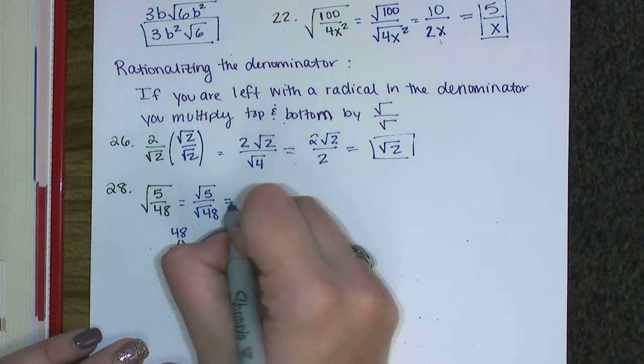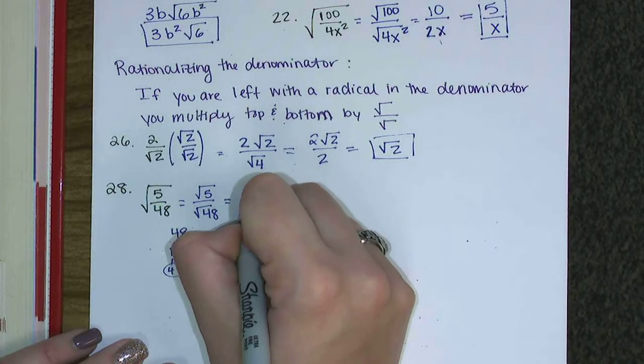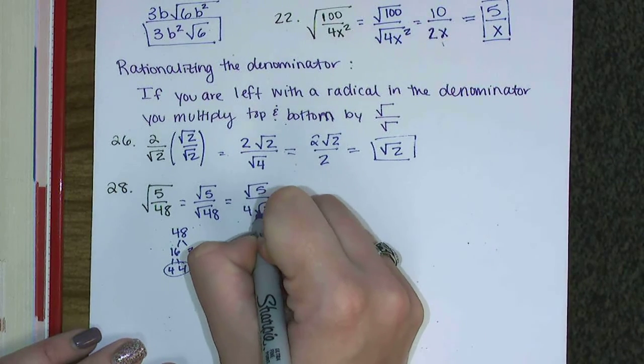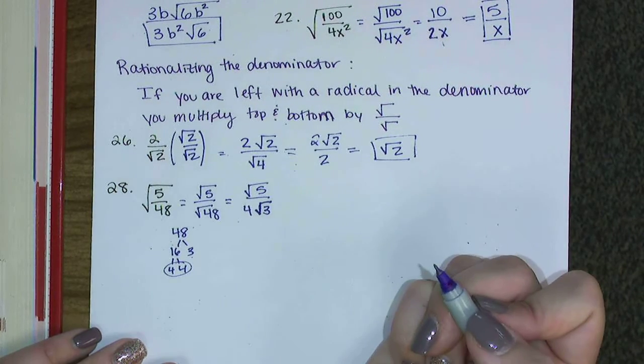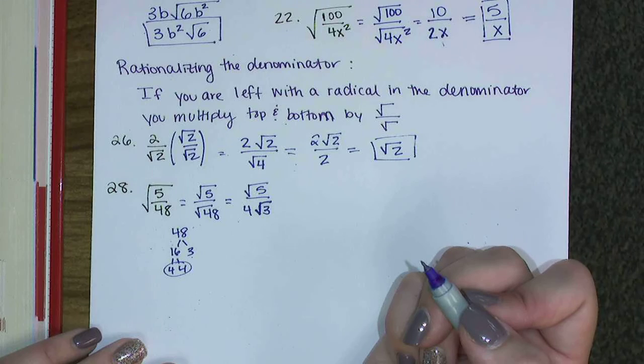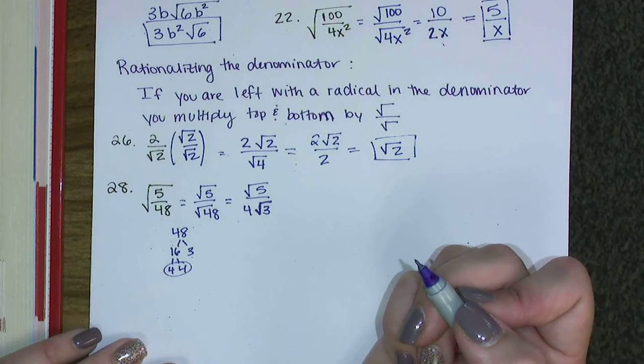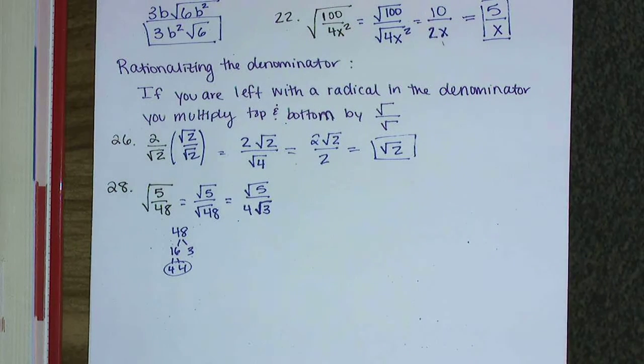Now, this is where some people can get a little bit confused. Okay? Right here, you need to multiply by just the square root on the bottom, not the whole thing.